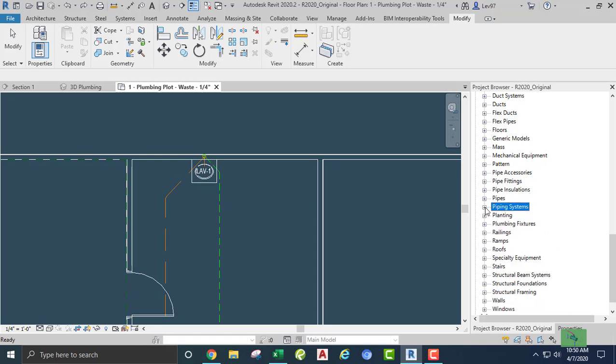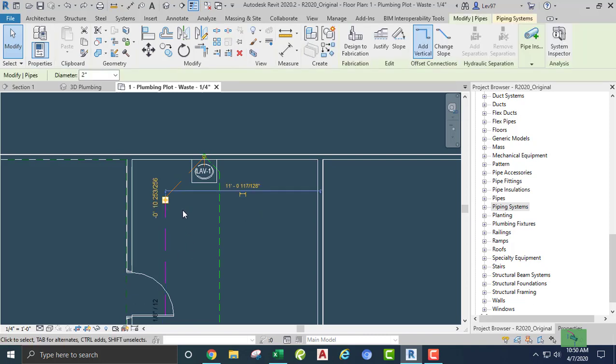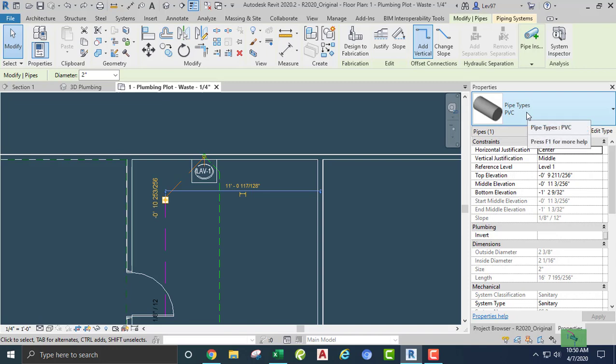Anyway, to make a long story short, for my waste properties, I have a pipe type that can be cast iron, right?